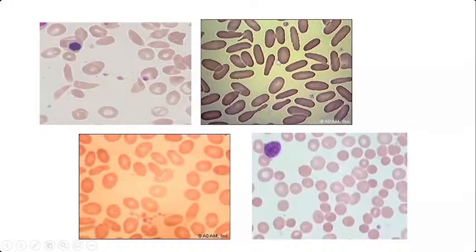Okay? What about on the right? What do we see? What shape are these red cells? Yes, okay. These are elliptocytes, all right? These are what we call elliptocytes. And these you can see in which kind of anemia, because there are very many.